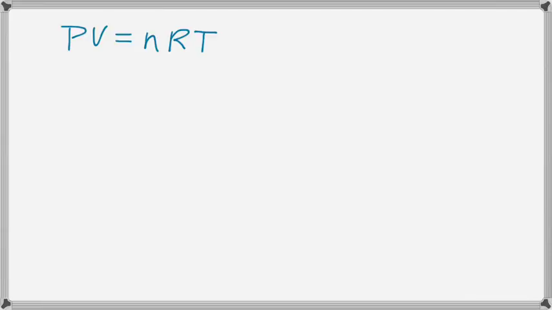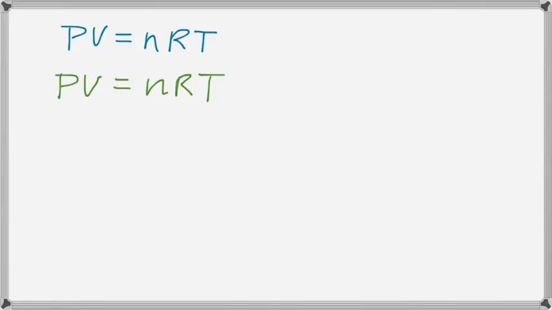So that is true for any sample of a gas, right? So if we took another gas, that's a blue gas, we'll take a green gas. It is also true that PV equals nRT for that gas.